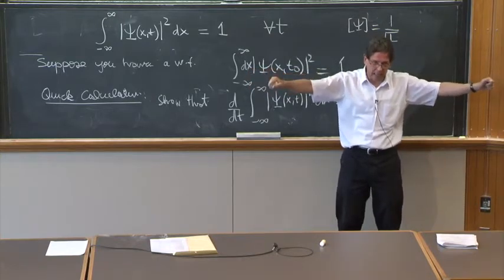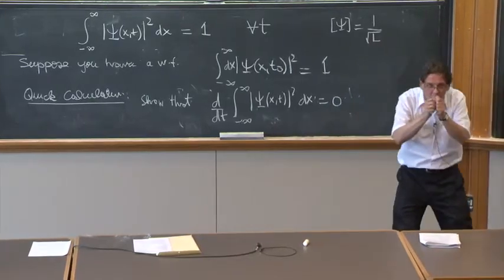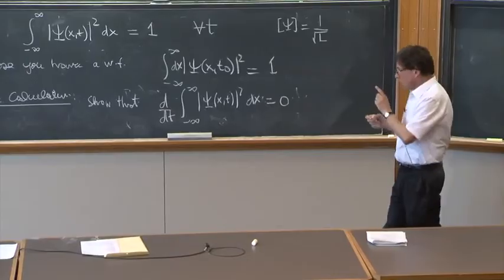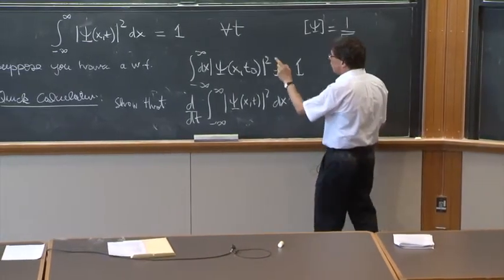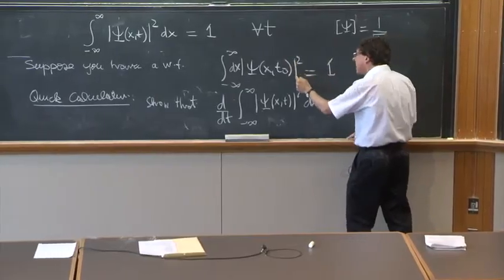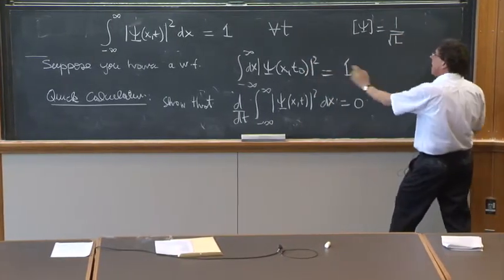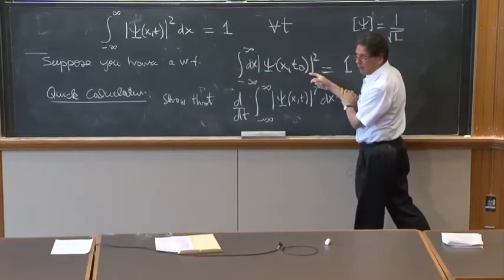And the answer is that you will throw them away if the wave function goes to 0 at infinity, which it must do. The wave function must go to 0 at infinity, because if it didn't go to 0 at infinity, if it went to a constant at infinity, it would pick up an unnormalizable thing here.